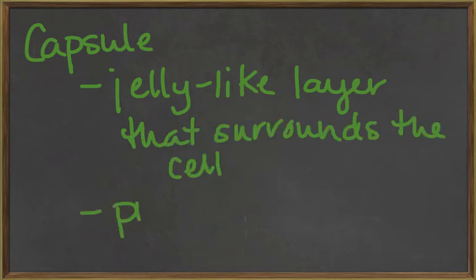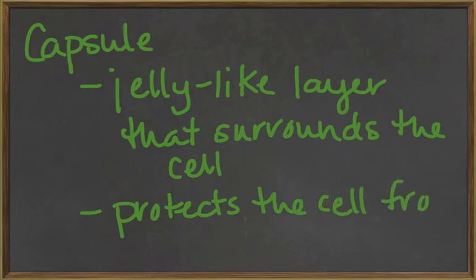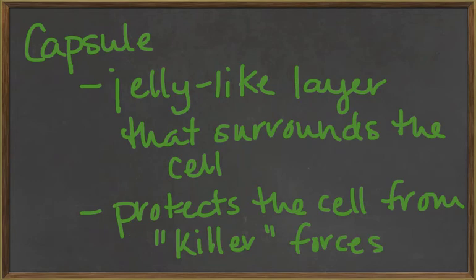And what it does is it protects the cell from killer forces. I'm talking about your immune cells or an antibiotic that you treat certain bacteria with. It causes a lot of things to bounce off or not to be able to attack the cell. So it's a really, really cool little coping mechanism that bacteria have.